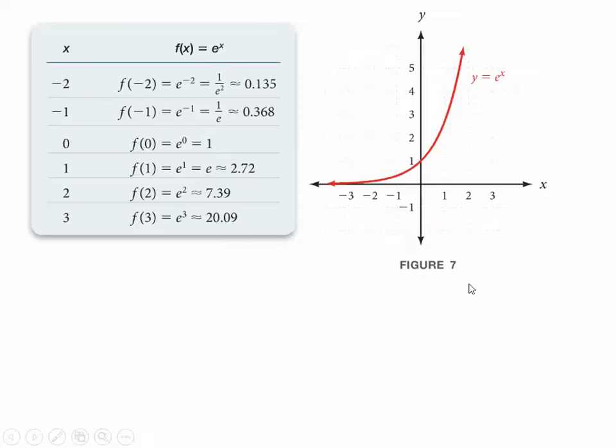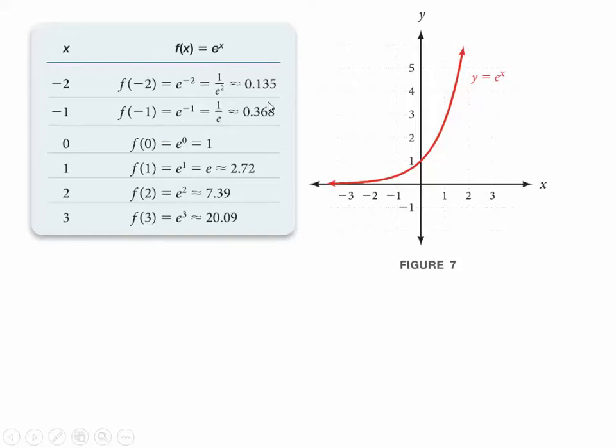Okay, what does the graph look like? If we approximate e as 2.7 or so, so if you put 2.7 into here to take it to the negative 2 power, so it'd be 2.7 squared, and then 1 divided by 2.7 squared, it'll be approximately 0.135. Does that make sense?